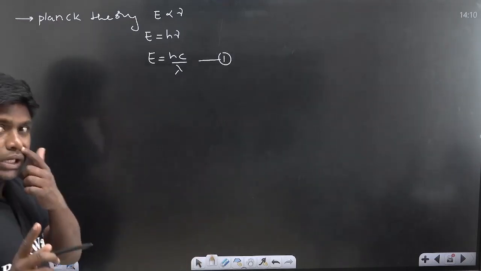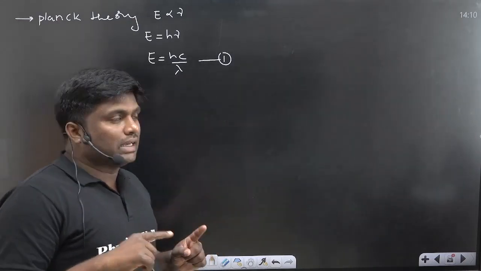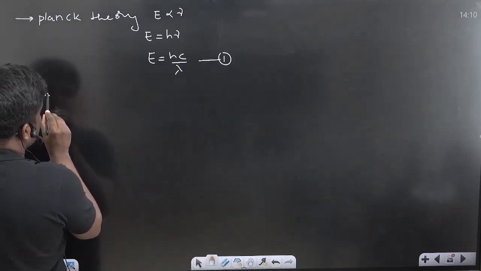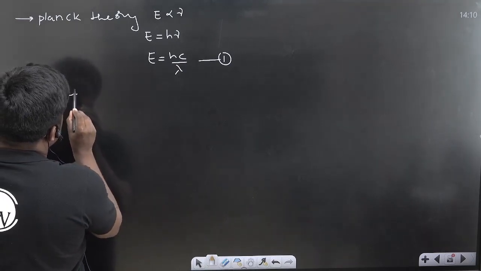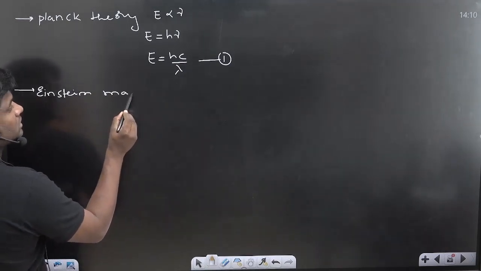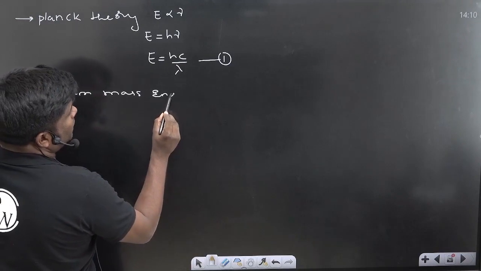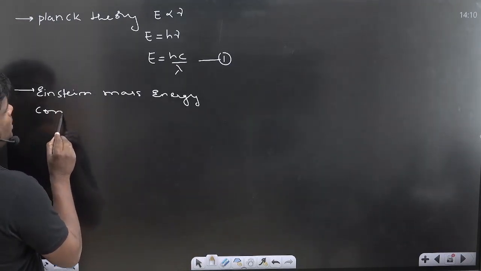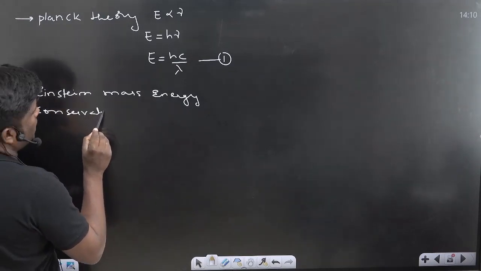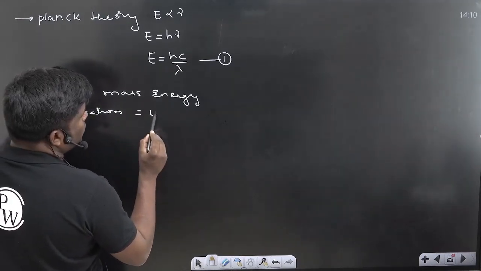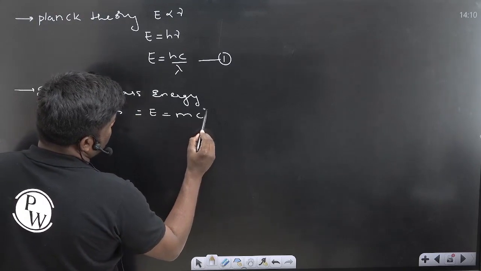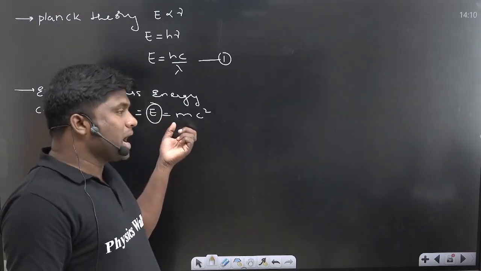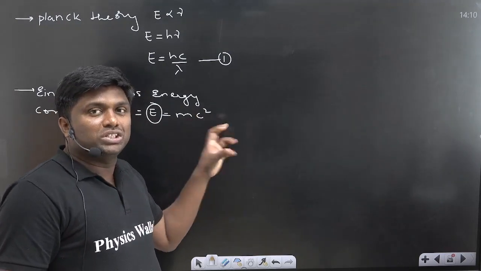And he took Einstein's mass-energy relation, the mass-energy conservation theory. What is it? E equals mc square, right? So energy equals the product of the mass of the body and the square of the velocity of light.